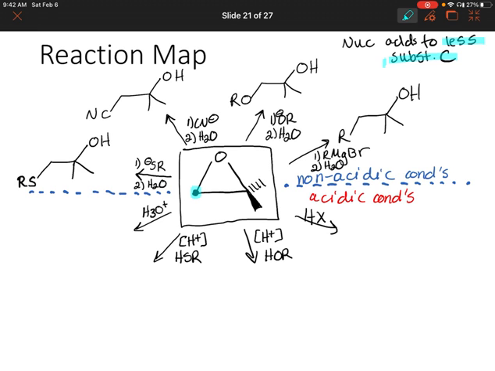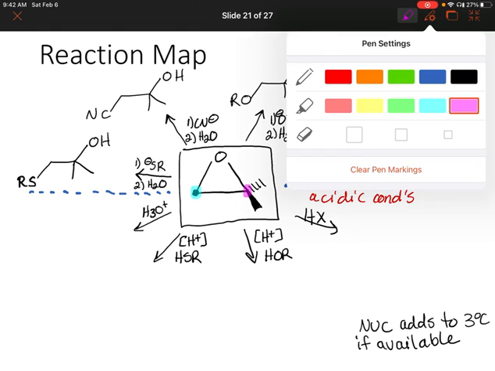Okay, so now remember, under acidic conditions, the nucleophile adds to the tertiary carbon if available. Otherwise, it will add to the less substituted carbon. All right, so the more substituted carbon is our tertiary carbon.